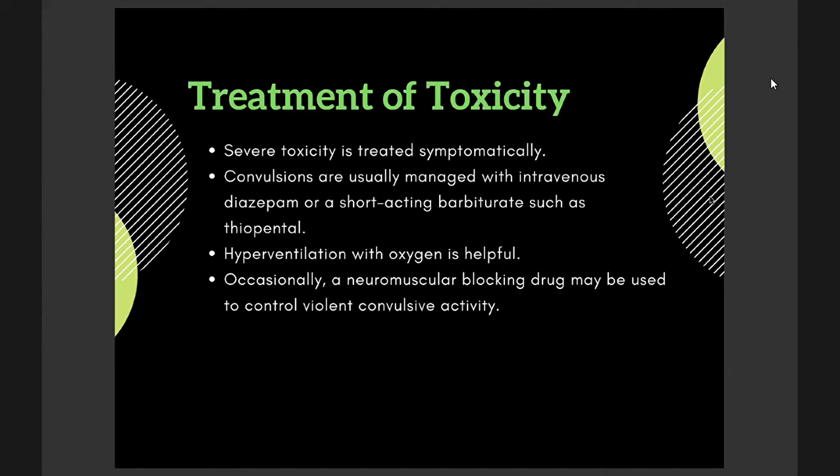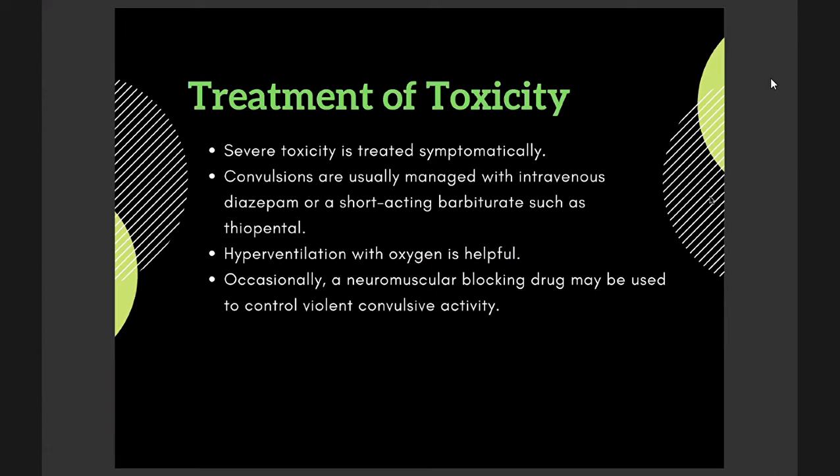Local anesthetic systemic toxicity is best managed by preventing the occurrence of toxic plasma levels of your local anesthetic by using the minimum effective dose required for the specific regional anesthetic technique.